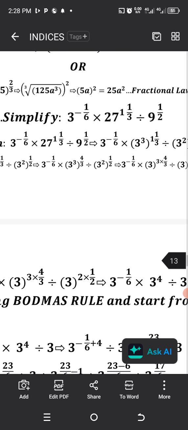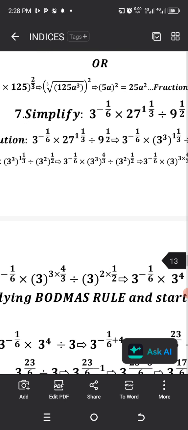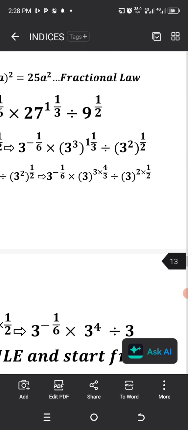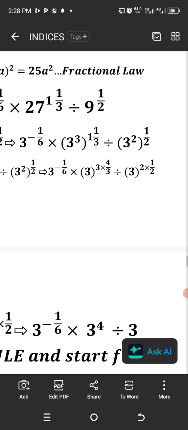So now applying product law, you can see that here I've applied product law. So it's now 3 raised to power minus 1 over 6 multiplied by, I can deduce that 3 inside that parenthesis has been taken out.